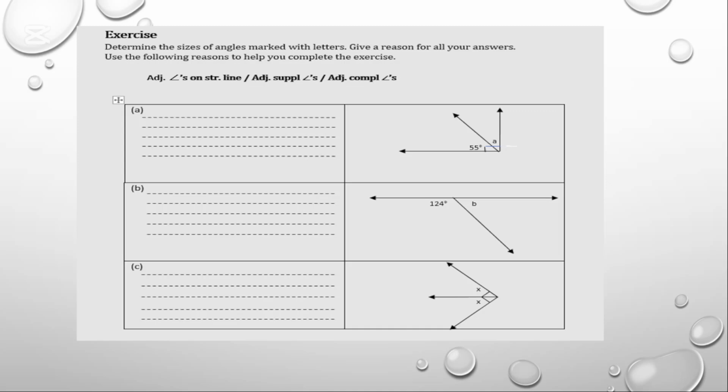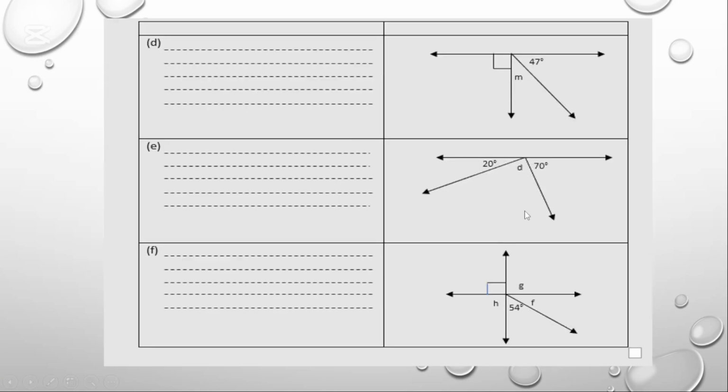The next one, two angles that are marked the same tell us that they are equal, and you can see the sum of those two is equal to 90. The little box tells us that, and from there you will work out your answer. The next one, D. We have a common vertex there, and this time we have three angles.